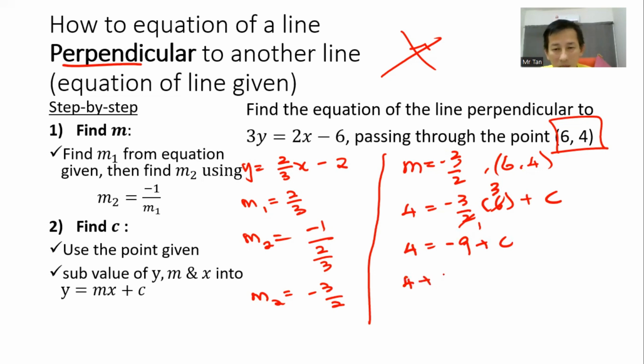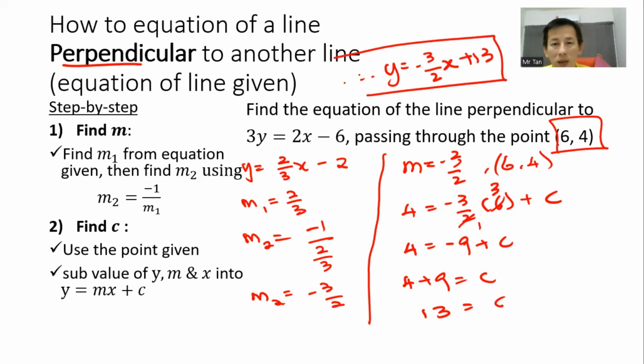Therefore, 4 plus 9 equal to c. Your c should equal 13. Therefore, your equation of the line is y equal to negative 3 over 2 x plus 13. This will be your answer. So remember, for perpendicular, we use this equation.